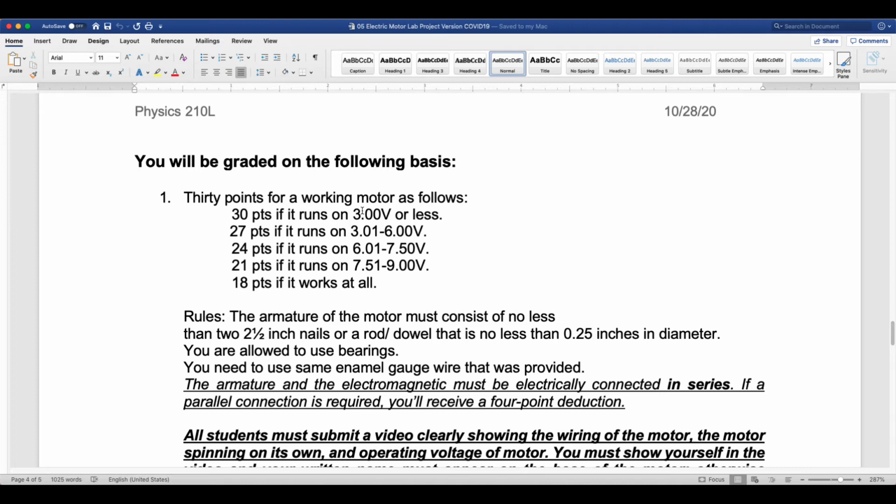You'll also have our help, either me or Tyler or anybody else who's around. We had several students last semester get it to run on one battery, which is 1.5 volts. So a lot of you should be able to get it working at 1.5 volts.